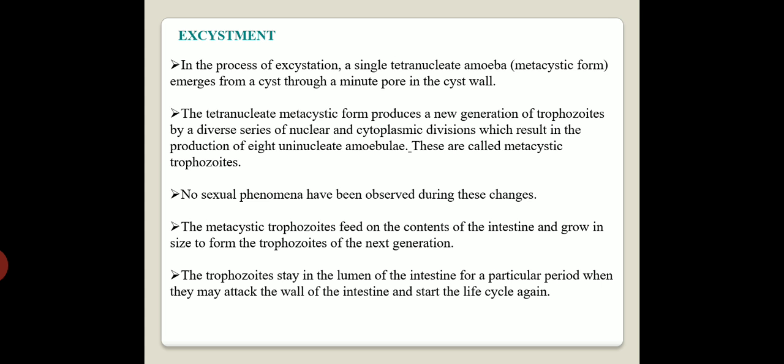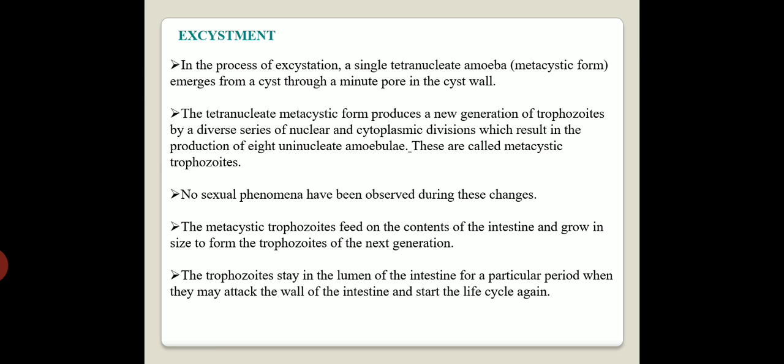So now the important phase, that is excystment. In the process of excystation, a single tetranucleate amoeba, which we call the metacystic form, emerges from a cyst through a minute pore in the cyst wall.